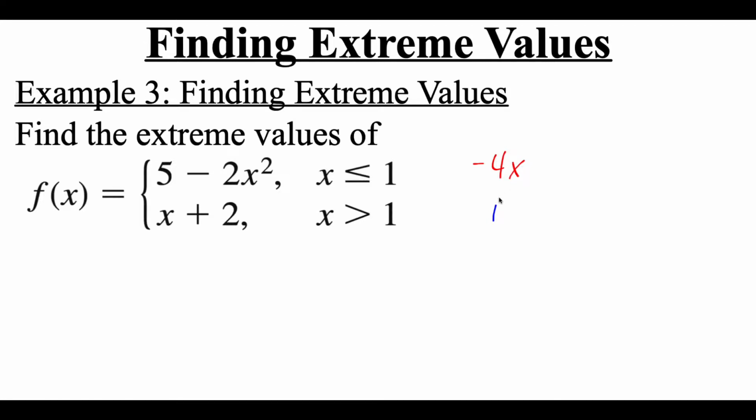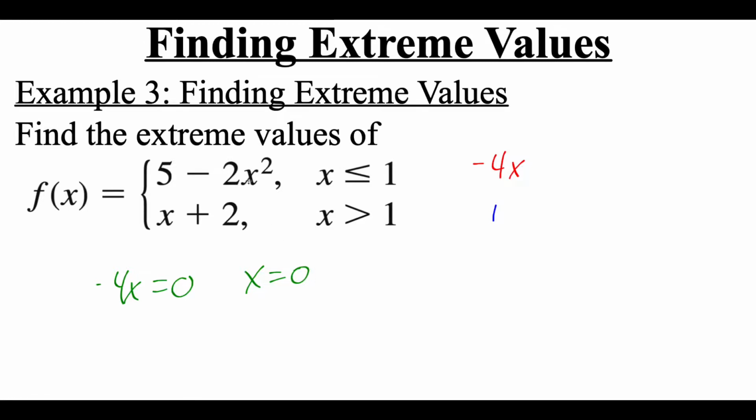Now, one way that we find critical points is by setting them equal to 0. So if I start with this first one with the negative 4x and set it equal to 0, then I'll get a critical number at the x value of 0. Now, if I want to figure out the y value for that point, we have to pay attention to our domains. I can't plug that into the second piece because my function isn't defined at 0 there, but my function is defined at the x value of 0 for that first piece.